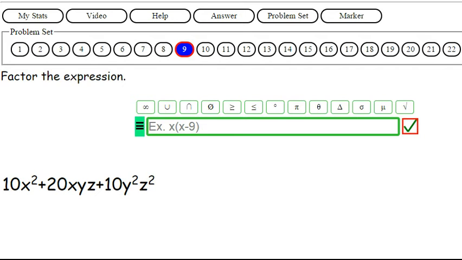So 10x squared plus 20xyz plus 10y squared z squared. This ought to be fun. Hope I can work it out. I don't know, we're going to find out.